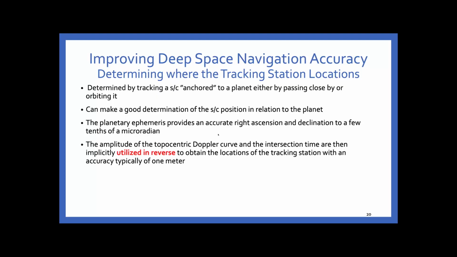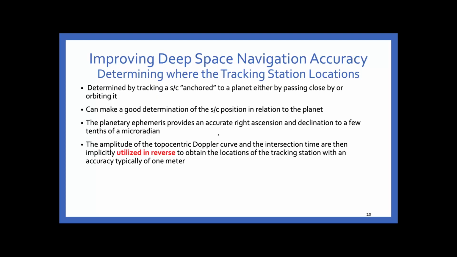So after the last mid-course trajectory correction maneuver to hit the moon, we can use the Doppler tracking from all the stations. And since now the gravity of the moon is defining where that spacecraft is in the celestial reference frame, we can use the amplitude of that topocentric Doppler in reverse to estimate the location of the tracking stations.